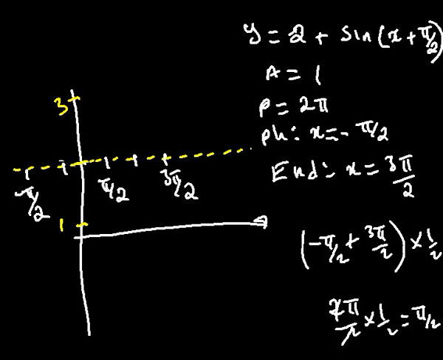Since it is positive, it means the point is in the quadrant that is positive. So the graph will start from here, going up and down. This is how the graph has to go.